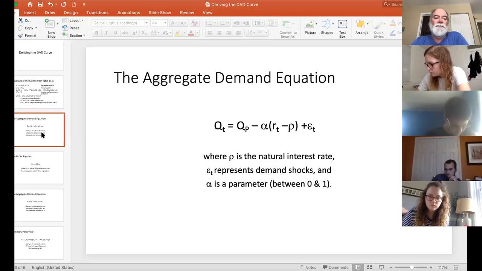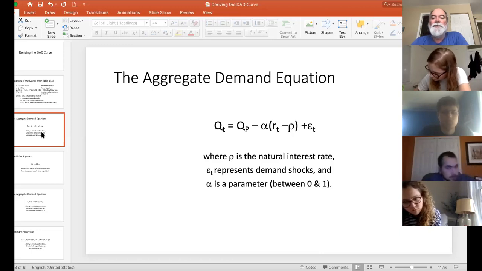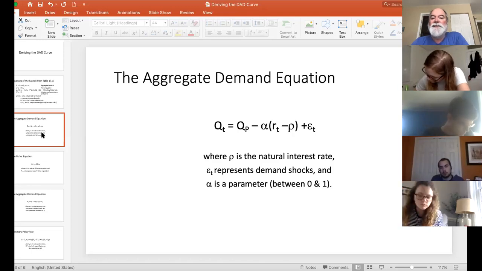Furthermore, not all borrowers are equally creditworthy, right? So if you are a risky borrower, the lender will often tack on what's called a risk premium on the loan. You pay a higher interest rate to compensate the lender for the chance that you might not be able to pay back the loan.